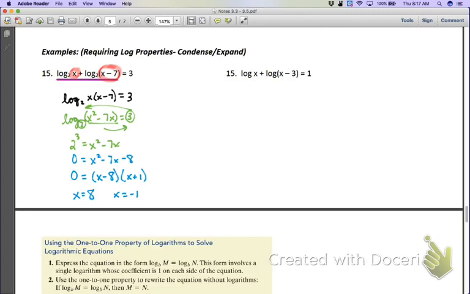So I can't have log base 2 of negative 1, and I can't have log base 2 of negative 1 minus 7, because that's going to give me a negative 8. So the negative 1 is not going to work. The 8 will work, however, and we can go from there.